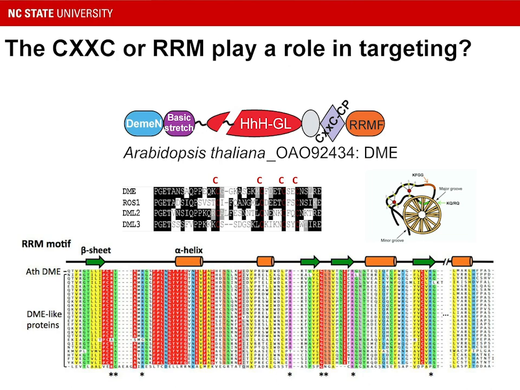The RRM is known to bind non-coding RNA. So non-coding RNA could also be a targeting mechanism that brings the epigenetic complex to the target site by matching the sequence. But I'm a little skeptical, because if you look at the RNA motif among different genes, the DEMETER-like genes, they are just too conserved.